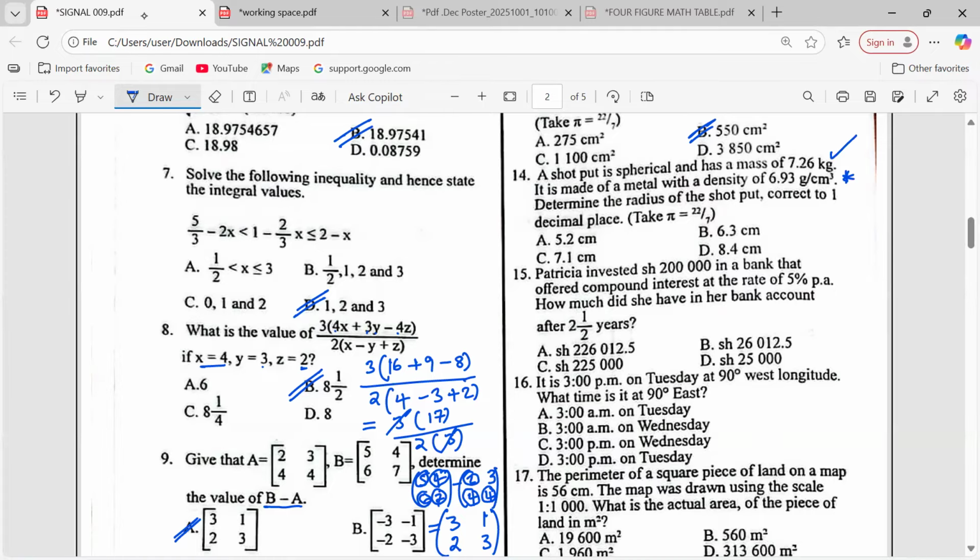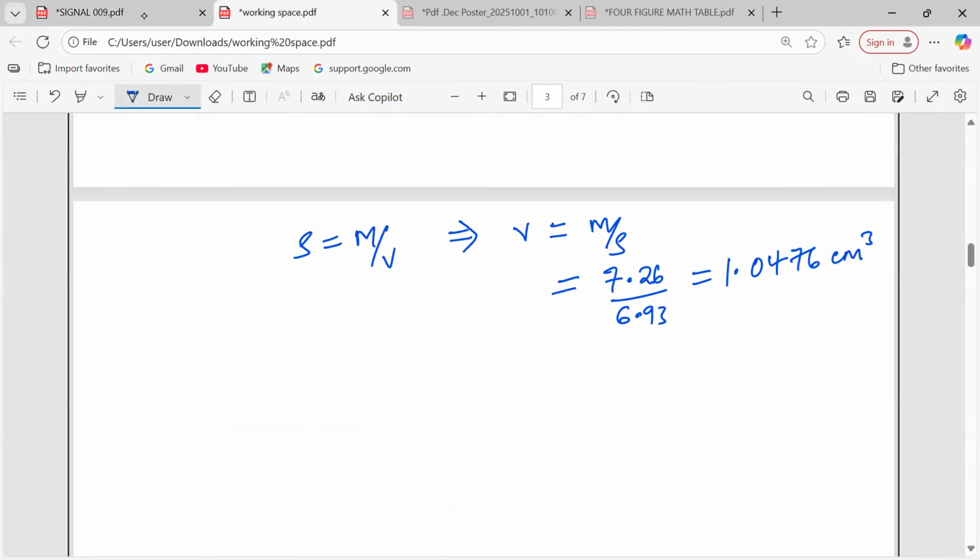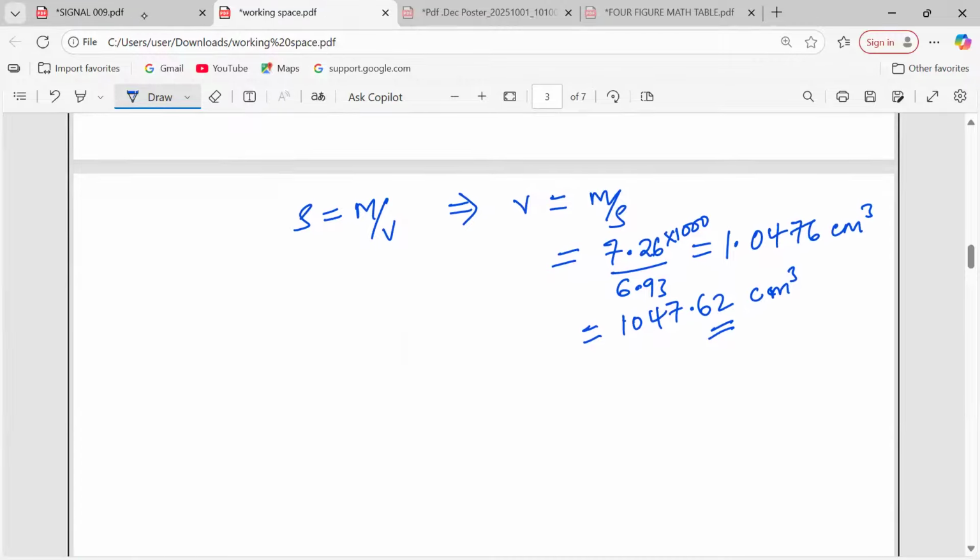To convert the mass to grams, we need to multiply it by 1,000. So when this is multiplied by 1,000, we realize that the volume is 1047.62 cubic centimeters. And remember, to convert density, you would have multiplied it by 1,000.